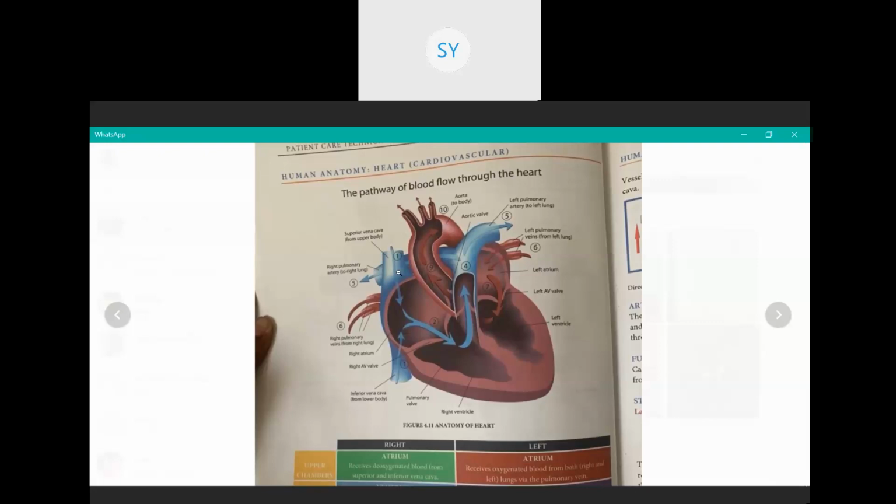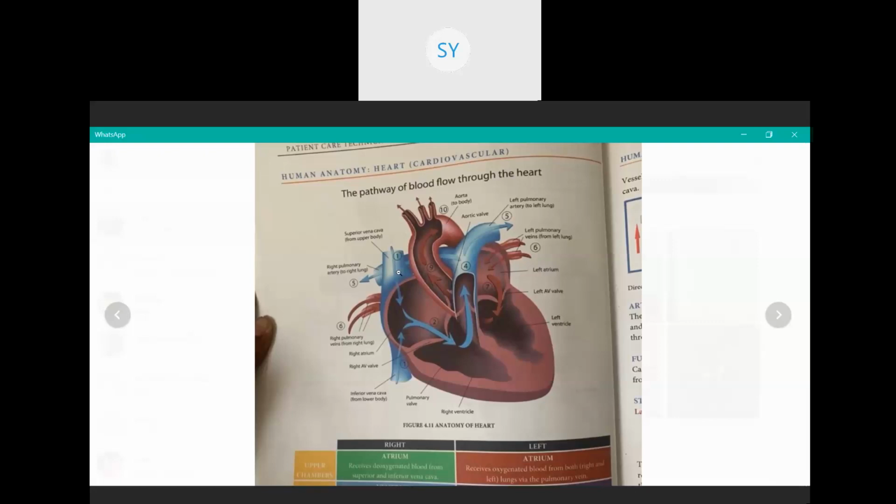But when the blood is oxygenated, then it is a little brighter. That's the difference. But for ease, they just make blue mean deoxygenated blood, and red mean oxygenated blood.